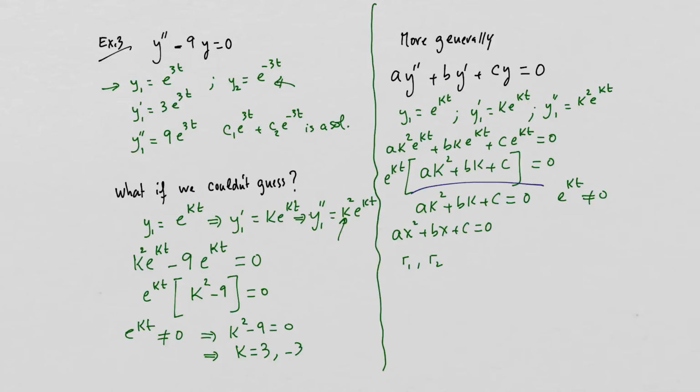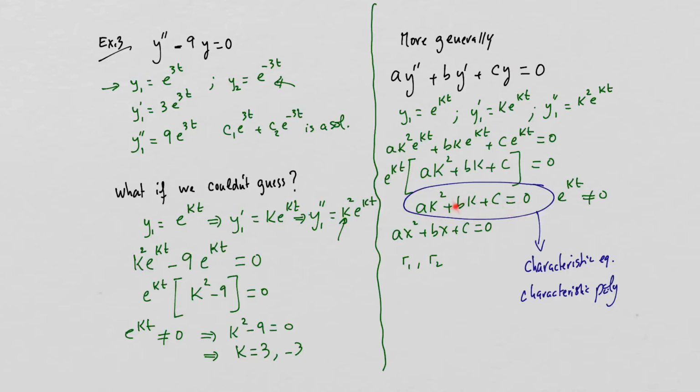This equation is called the characteristic equation, or characteristic polynomial.